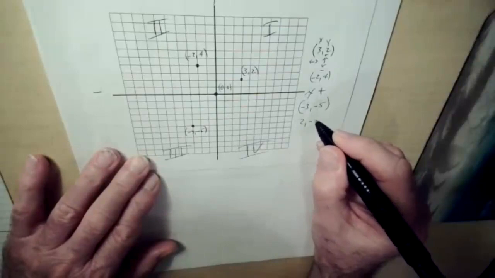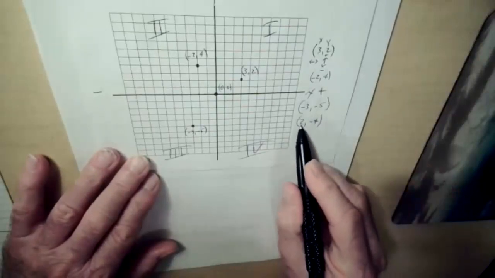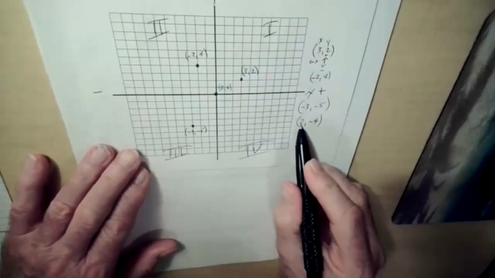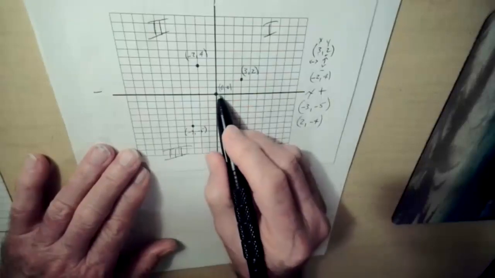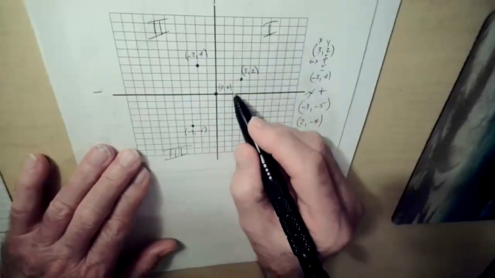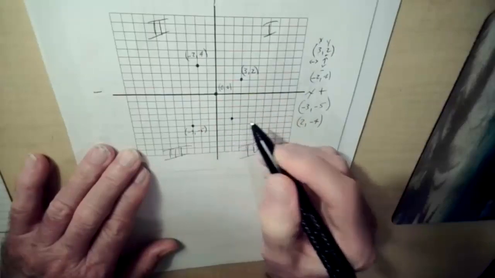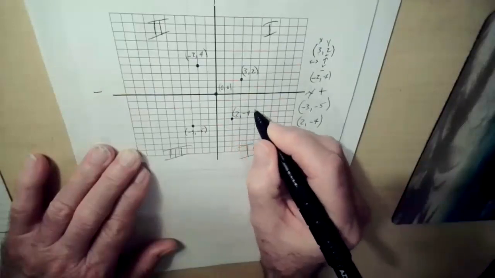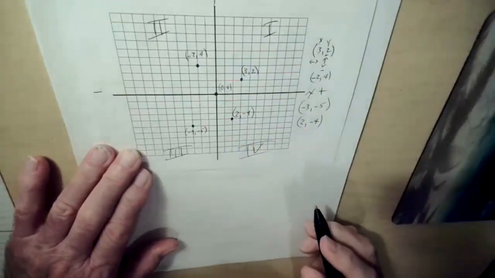What if we have this? What if we have 2, negative 4? This one's positive, so we're going to go to the right. This one's negative, we're going to go down. So 1, 2, 1, 2, 3, 4. 2, negative 4.